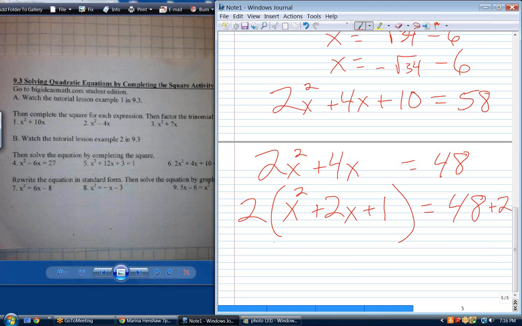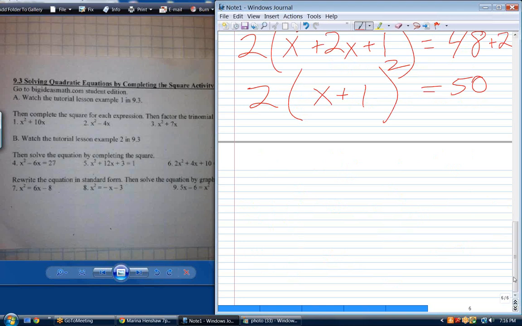So now I have what? I have 2 times... What's in the parentheses? x plus 1 squared. Okay, equals 50. Right.